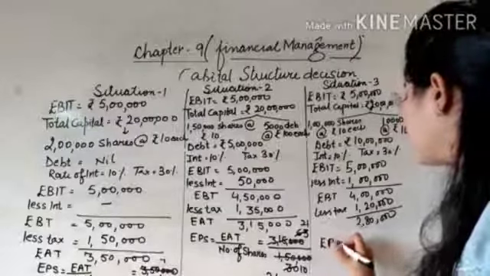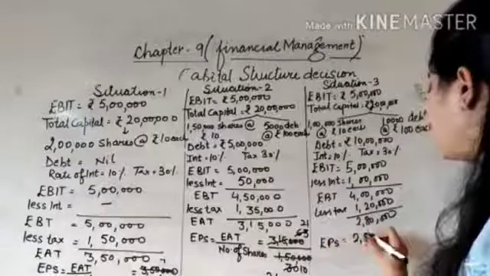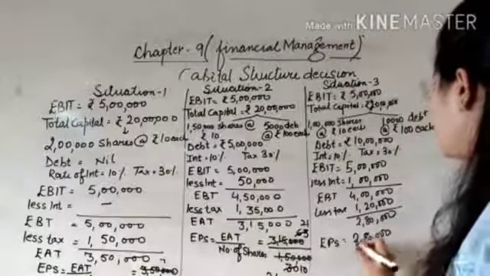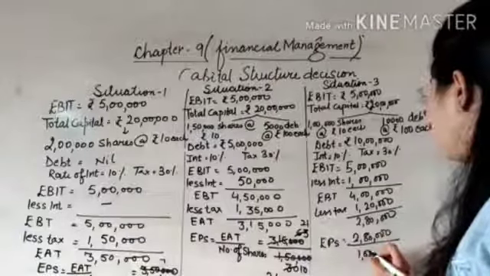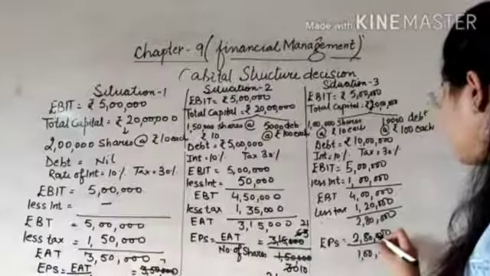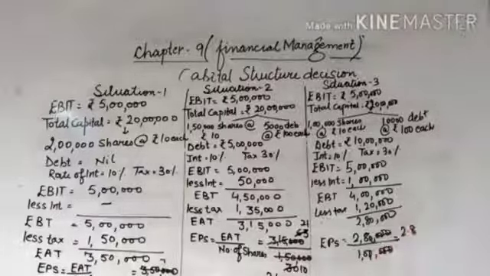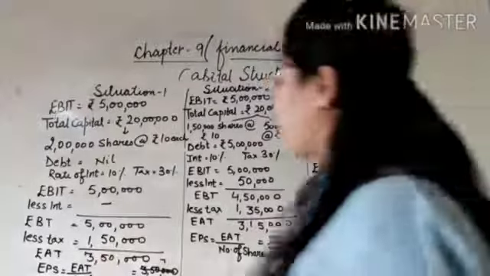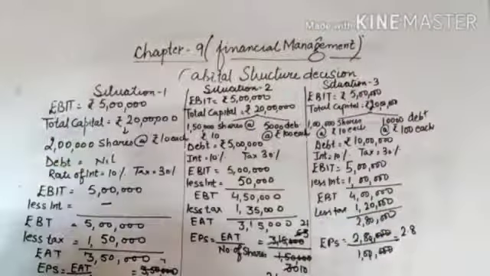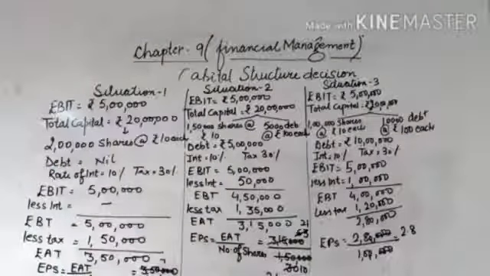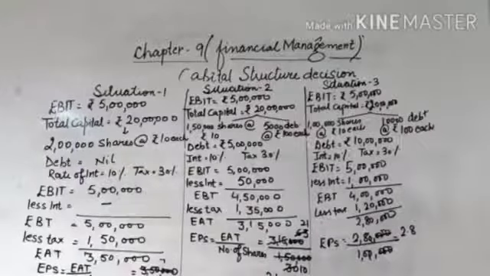EPS is 2 lakh 80,000 divided by 1 lakh. It is 2.8. So in situation 1, we have EPS 1.75. In situation 2, we have EPS 2.1. And in situation 3, we have EPS that is 2.8.